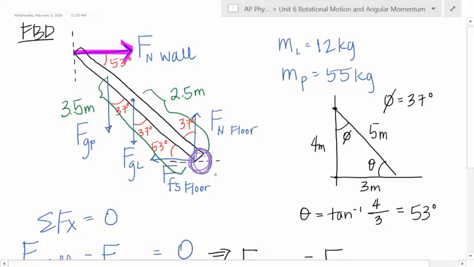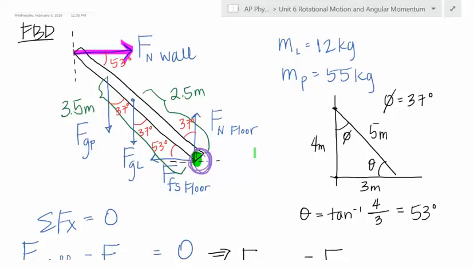If I put it at the floor, I will have a torque from the wall, a torque from the painter, and a torque from the ladder, but the two forces on the floor are at 0 distance. So how many torques will I have now? Which is less than 4. So that's probably the most convenient place for me to put the pivot point. So I would put the pivot point right here. That's where we're going to sum all of our torques.